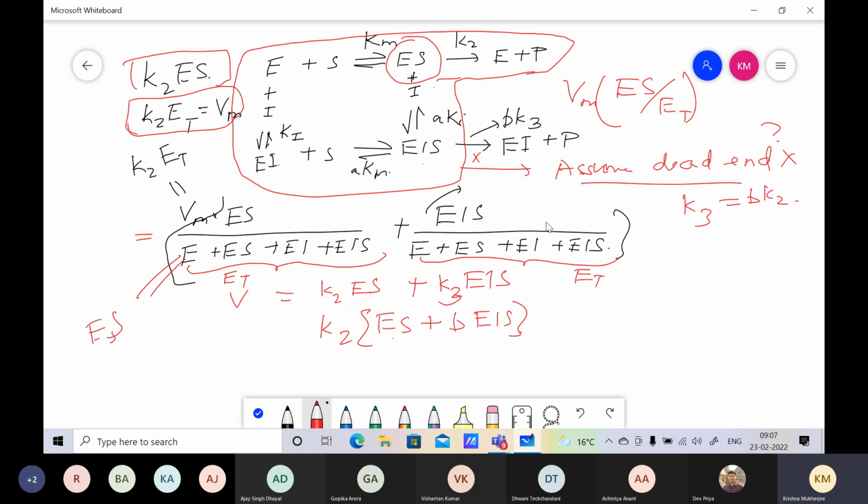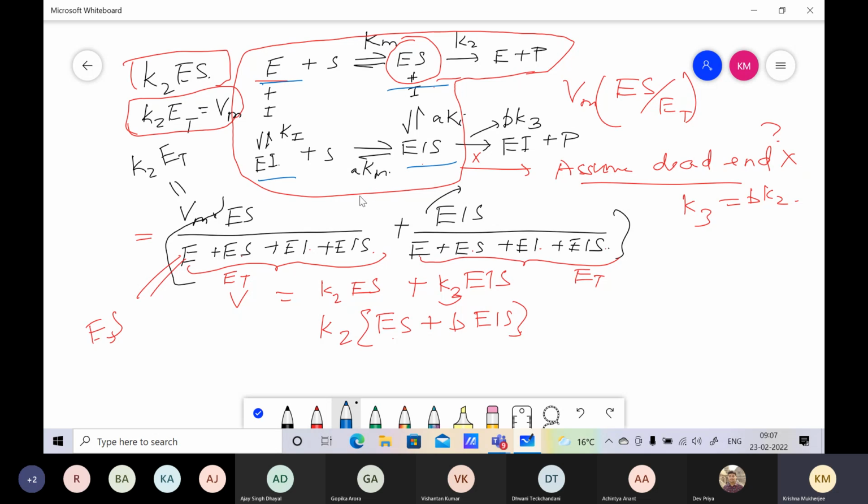I'm just re-emphasizing the point that this is the total amount of enzyme distributed between free enzyme and bound enzyme, different types of binding. So there are 4 forms of the enzyme. This is the sum of the total enzyme.